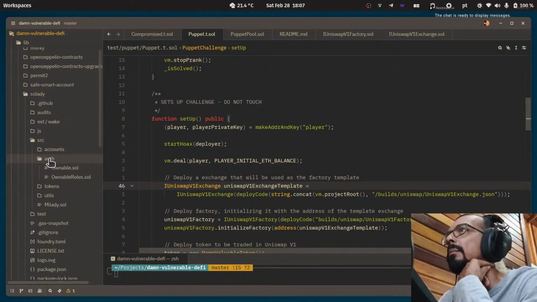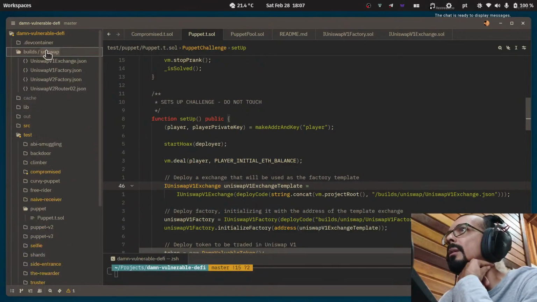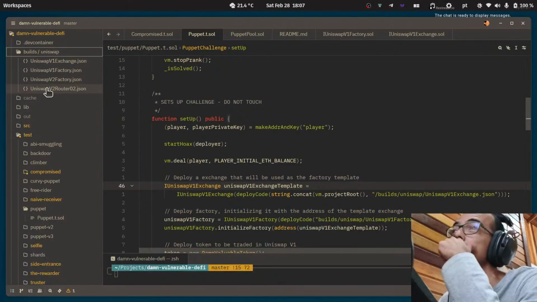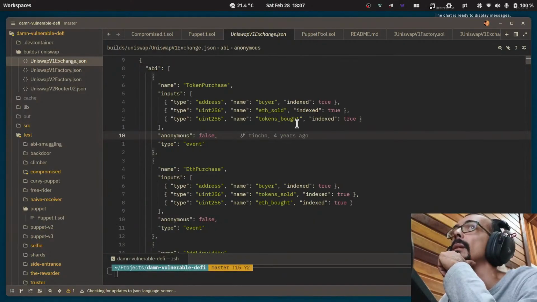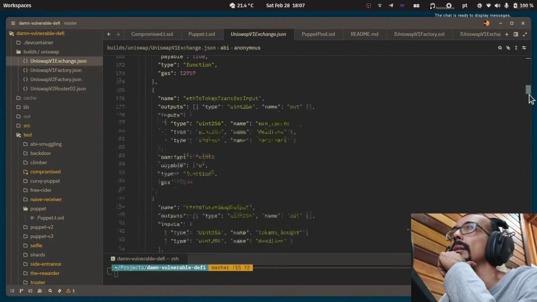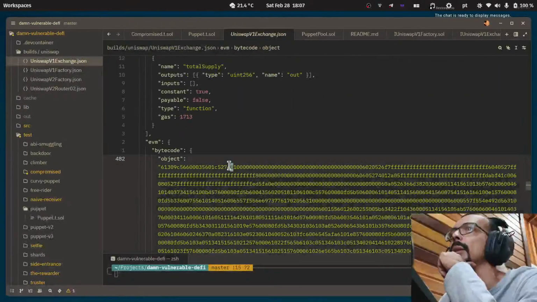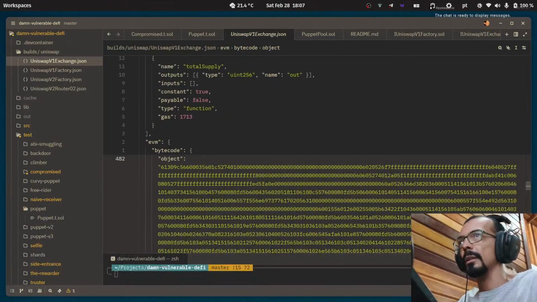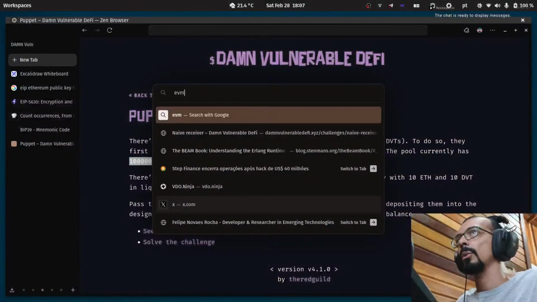Okay, let's see the build folder. So that's an exchange, right? So they have the ABI, okay, normal. And here we have the bytecode. So the bytecode here, if you want to understand that, we need to copy and go to an EVM decompiler.